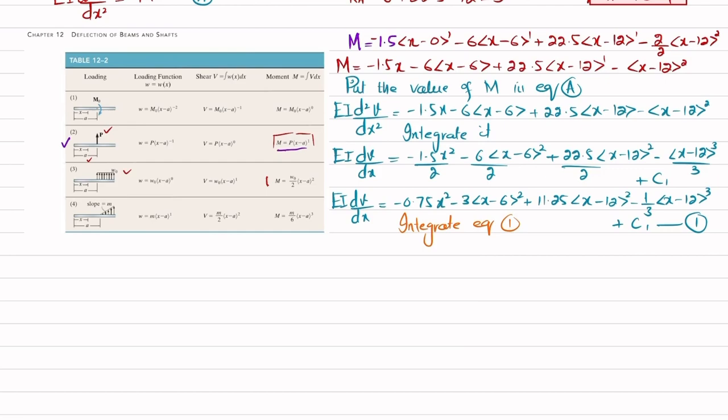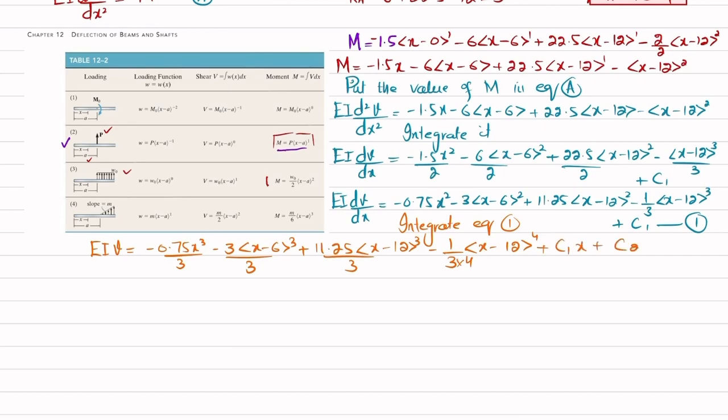So you will get EI v is equal to minus 0.75 x cube divided by 3 minus 3 into x minus 6 power 3 divided by 3 plus 11.25 into x minus 12 power 3 divided by 3 minus 1 over 3 into x minus 12 power 4, and we will multiply with this 3, plus C1 x plus C2.